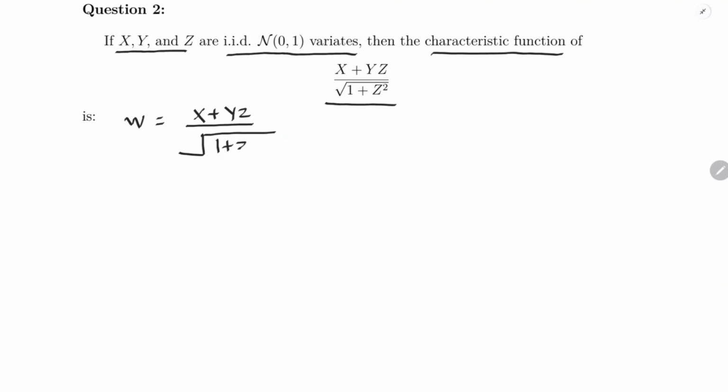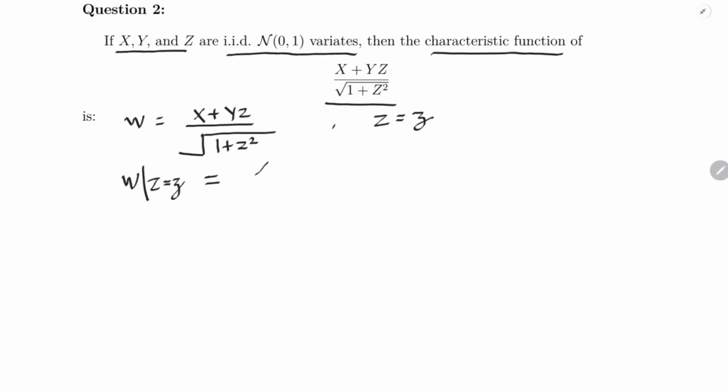Now we have to use the conditional distribution of W given Z. For that, we have to take one realized value of random variable Z. Suppose the realized value of random variable Z equals small z. Now we use the conditional distribution of W given Z, and the realized value of Z is small z.